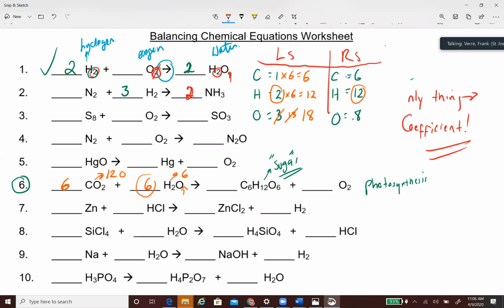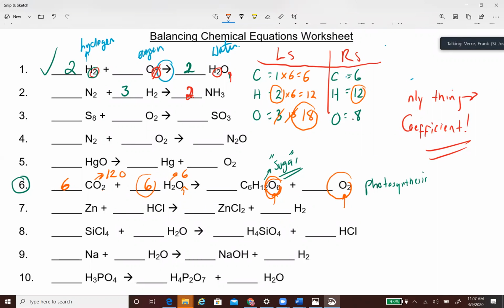The oxygen on the right side is found in 2 areas. It's found here, and it's also found here. This one is 6. So these two now have to add up to 18. This number plus this number has to give us 18.